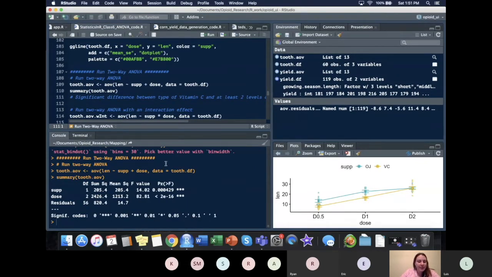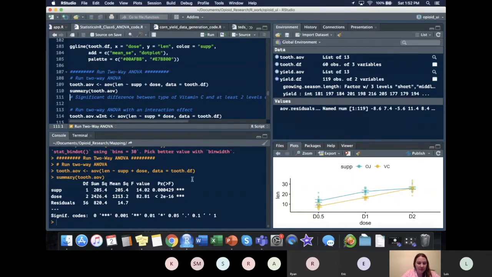So we're seeing here that there are at least 2 levels of our dose. So we're seeing this is significant here. So at least 2 levels of our dose variable, so they have 3 levels, are significantly different from one another. Our supplement only has 2 levels. So we know that both of those levels are significantly different from one another.